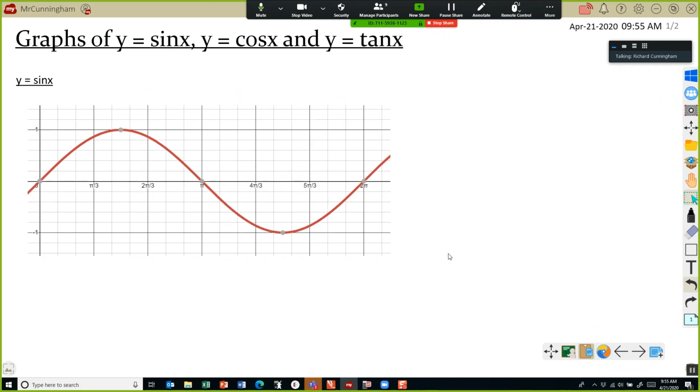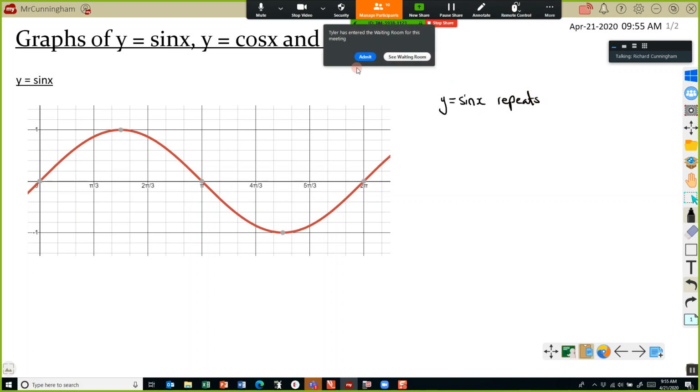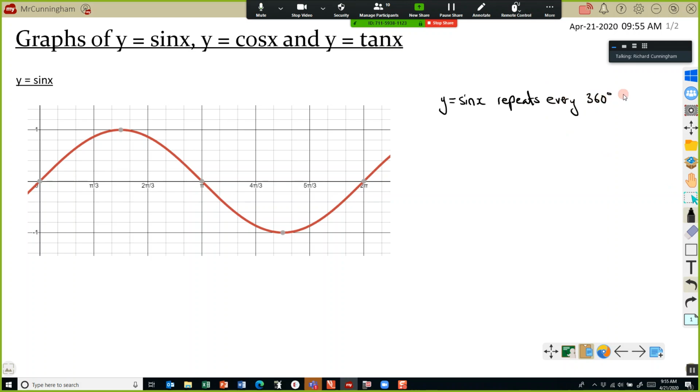I'm going to write down here that y equals sine x repeats every 360 degrees or every 2 pi radians.